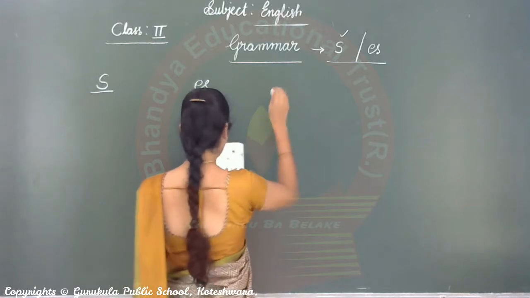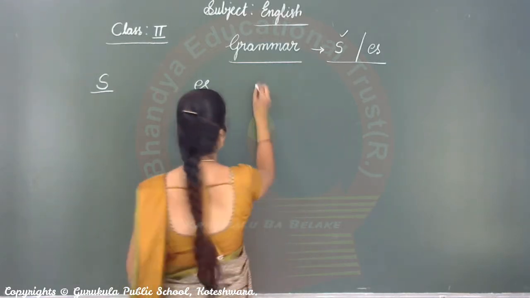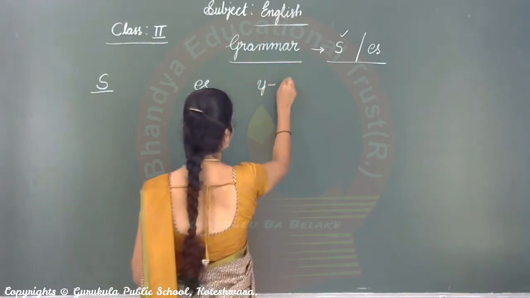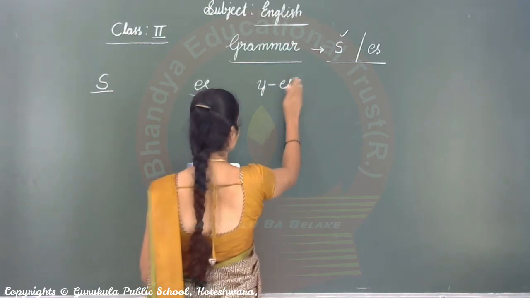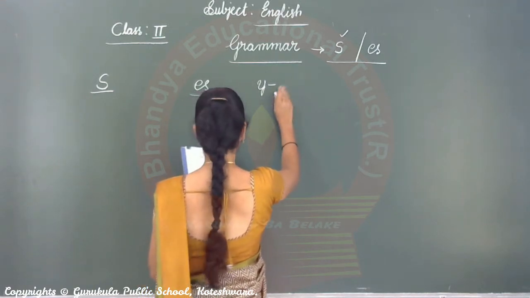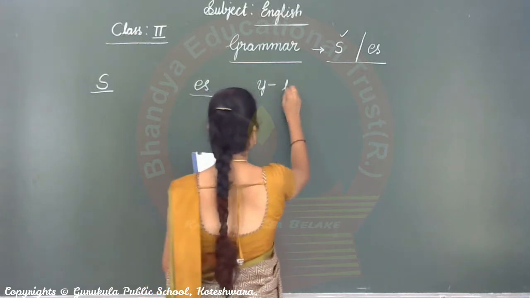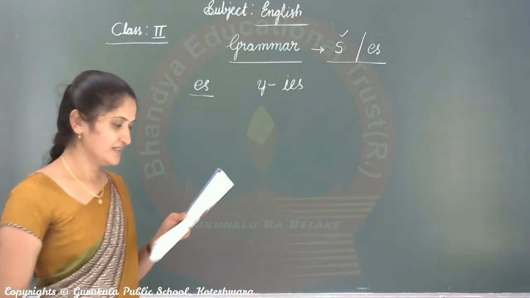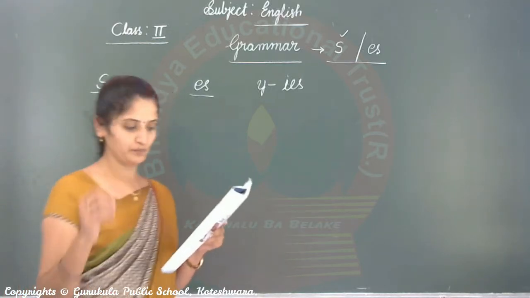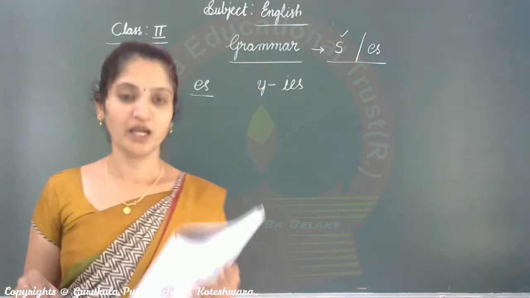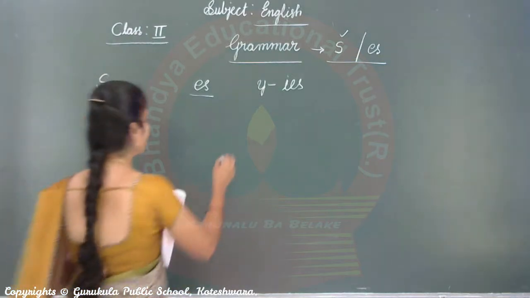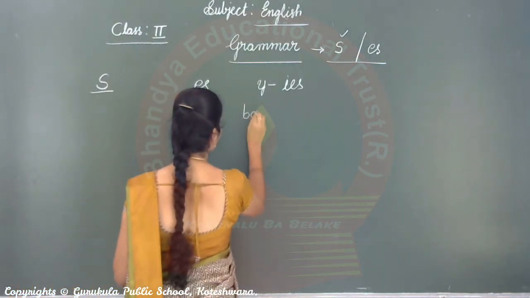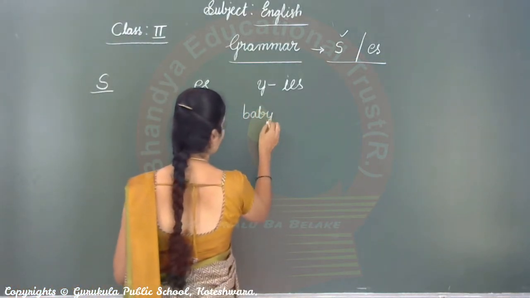Now they are telling F to VES. If it is F, you must add VES, okay. And then here they give some pictures and the name also. Baby, if it is a baby, see, B-A-B-Y, baby.